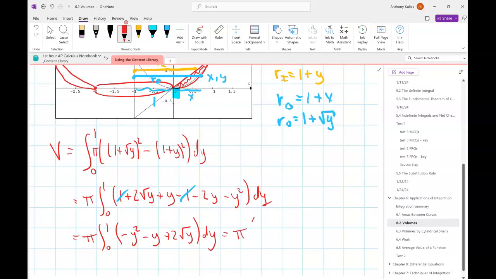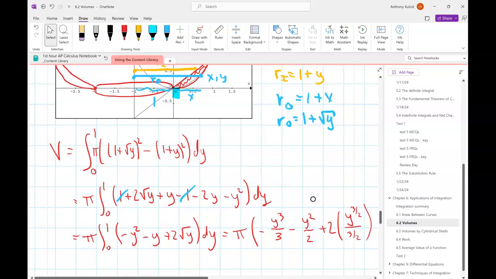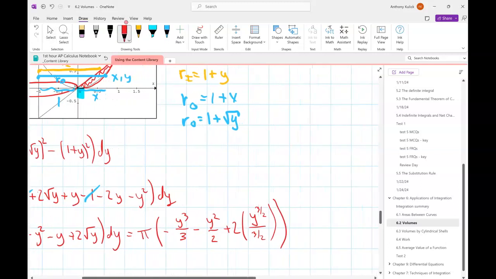So if I do my antiderivatives, I have negative y cubed over 3 minus y squared over 2 plus 2 times y to the 3 over 2 over 3 over 2, evaluating from 0 to 1.